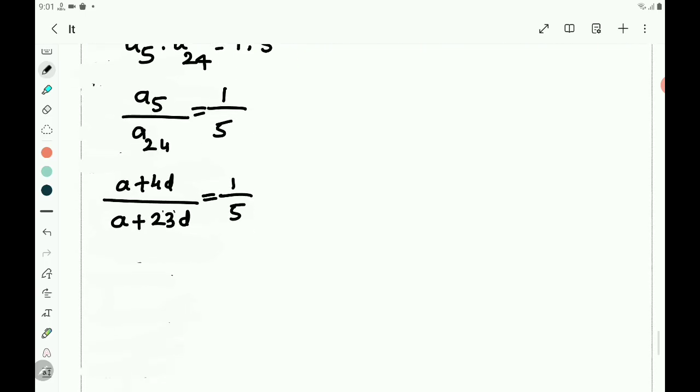Then do the cross multiplication. 5 into a plus 4d equals 1 into a plus 23d.